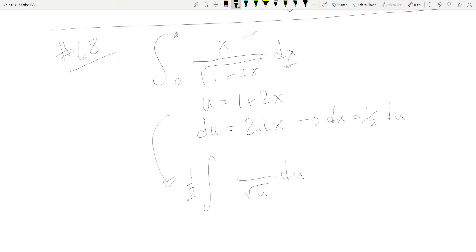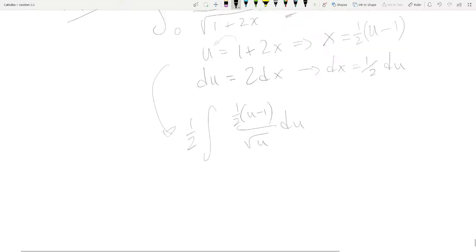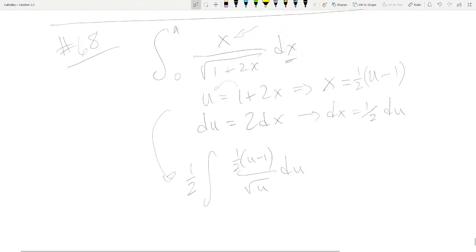But I still have this pesky x left over, just like in the last problem, and I'm going to have to solve for it here. x is equal to, I'm going to first bring the 1 over to the other side and get u minus 1, and then divide by 2, so I get 1/2 times u minus 1. Okay, that's the conversion. Let's also convert the bounds.